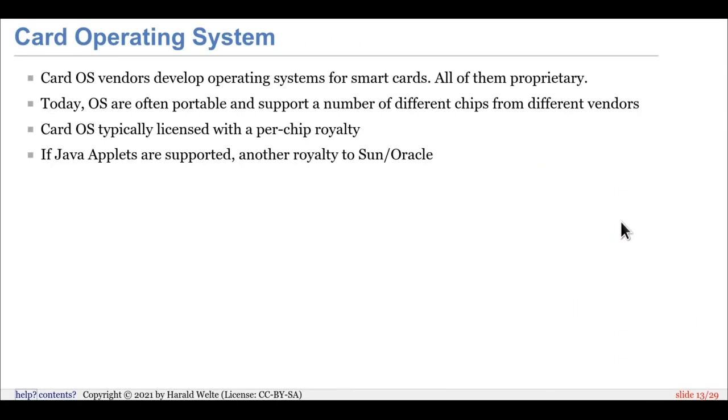The operating systems in the past used to be assembly and very machine-specific C code. Today, they're often quite portable and support a number of different chips from different vendors. And this card operating system is licensed with a per chip royalty from the card operating system vendor. And also, if Java is to be supported with Java cardlets, then there's this royalty to Sun and Oracle.